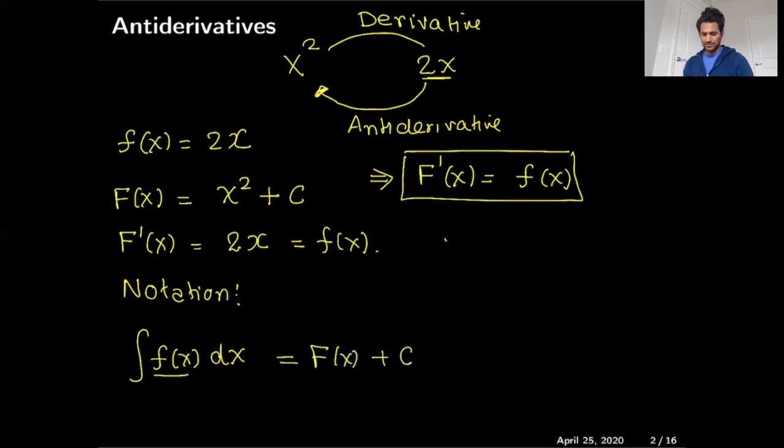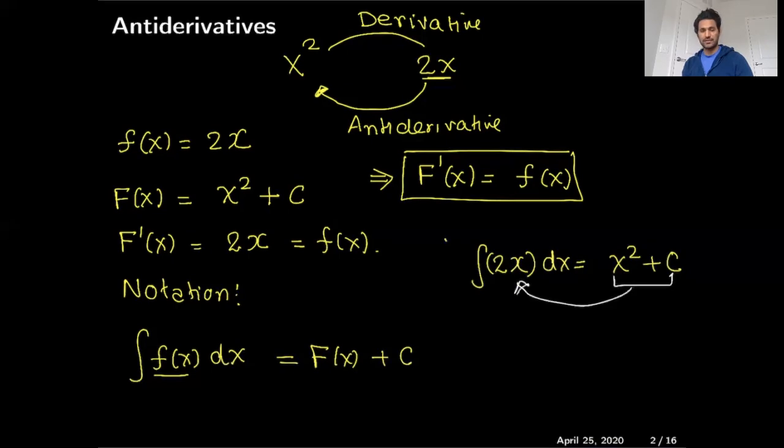For example, the antiderivative of 2x dx is x squared plus c, because if I take the derivative of this function, I will get the function which is sitting inside. So you always ask yourself: if you take the derivative of that function, will you get the function sitting inside the squiggly sign? And you can verify all your answers this way.